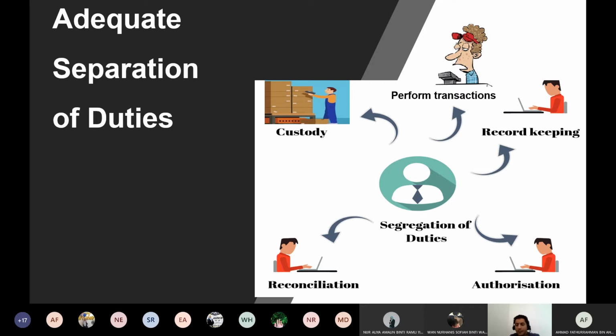Let's say we take the example of one transaction, a selling transaction. So we have the custody staff, or the staff who safeguard the custody, either the cash or the inventory.